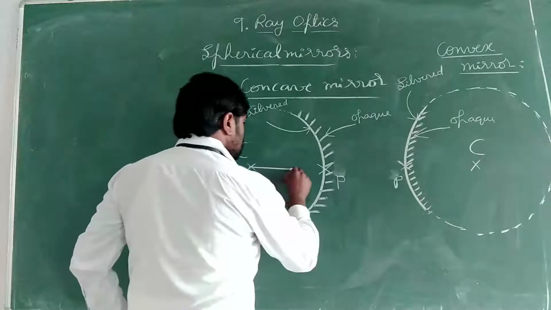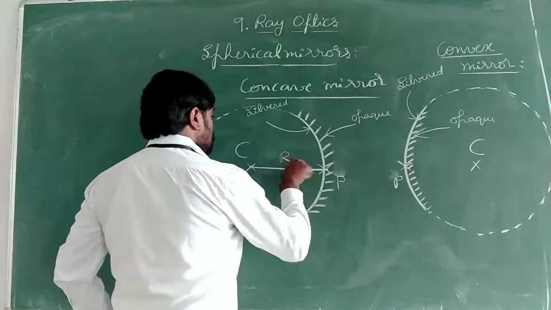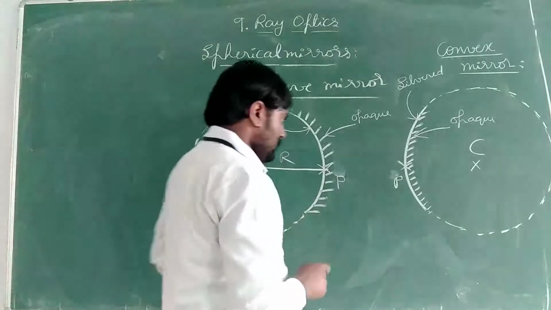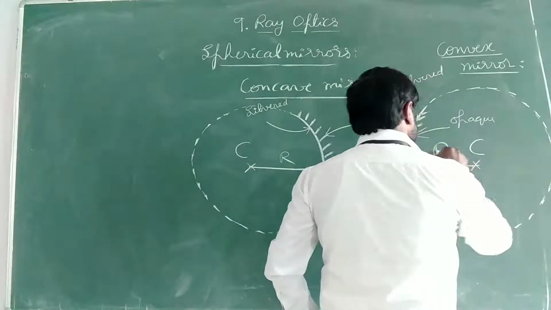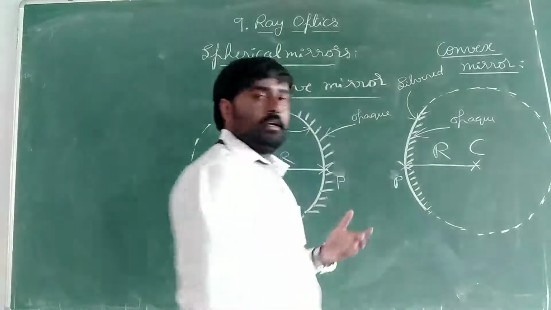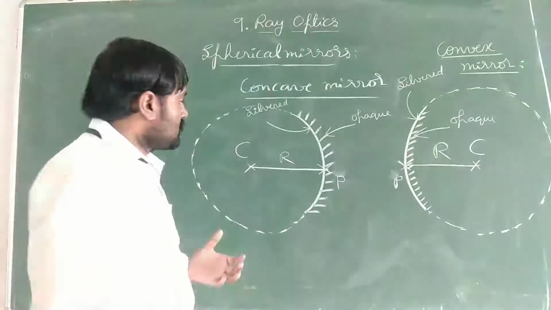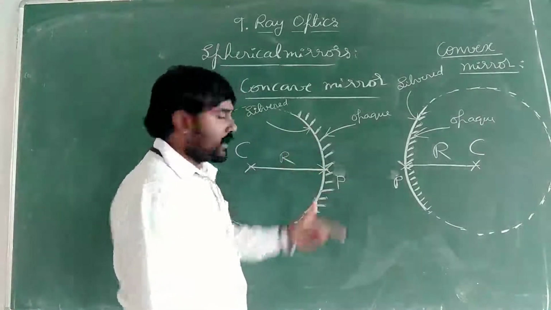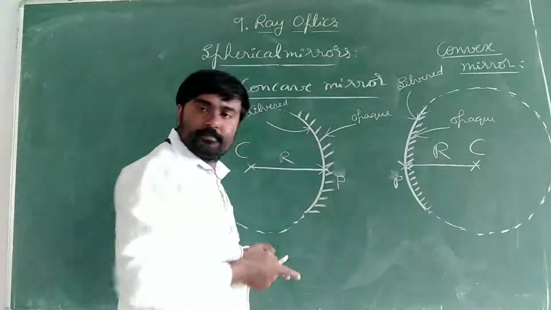So this is the radius of curvature. Radius, P to C distance. This is the radius of curvature. The symbolic representation is capital R. So radius of curvature means the radius of the sphere.